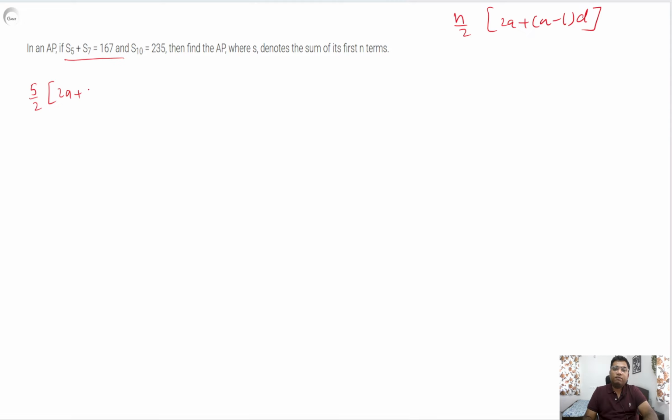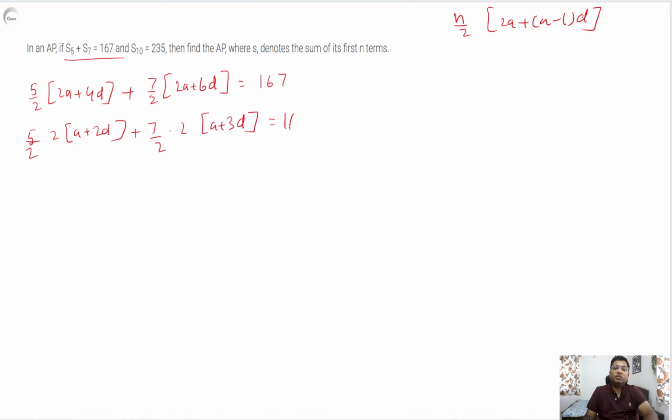2A plus 5 minus 1, so 4D, plus S7, so 7 by 2 and 2A plus 6D, and that equals 167. Let's simplify this. 5 by 2, 2 is common, A plus 2D, 7 by 2, 2 is common, A plus 3D, and that equals 167. 2 cancels out.